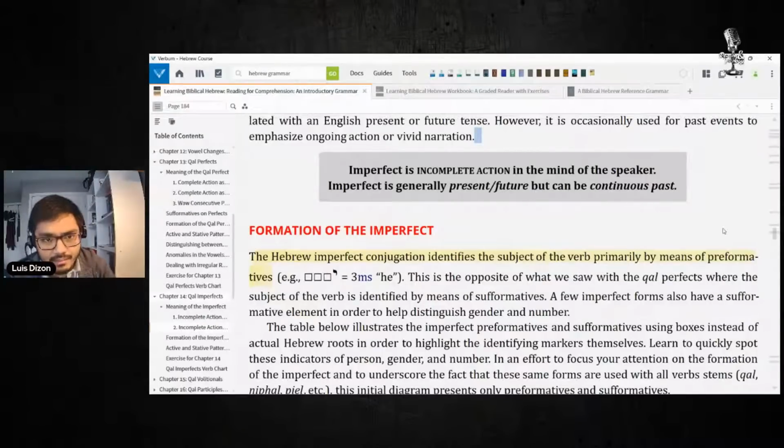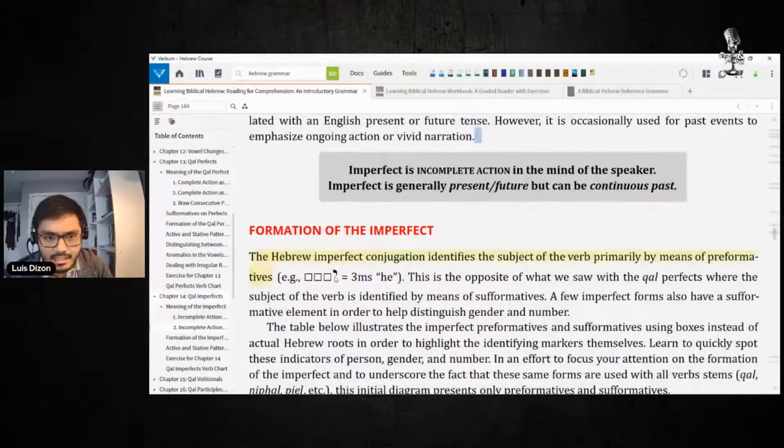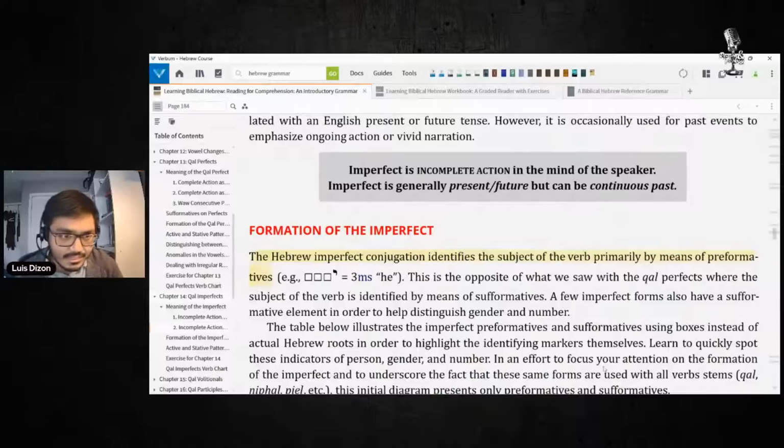One of the main contrasts between the Qal Perfect and the Qal Imperfect is that the Qal Perfect never has any preformatives. For those who don't remember, a preformative is that extra letter that occurs right before the root, the three-letter root of the verb.